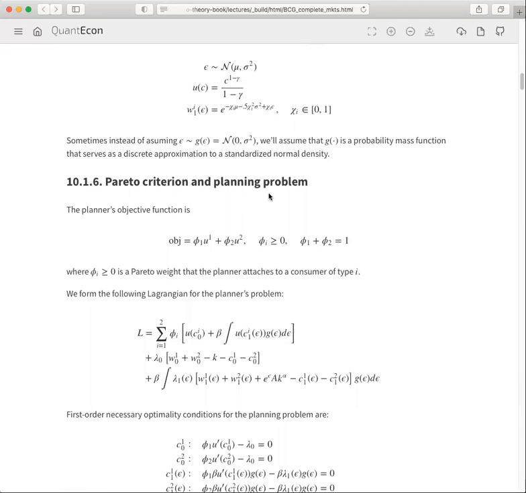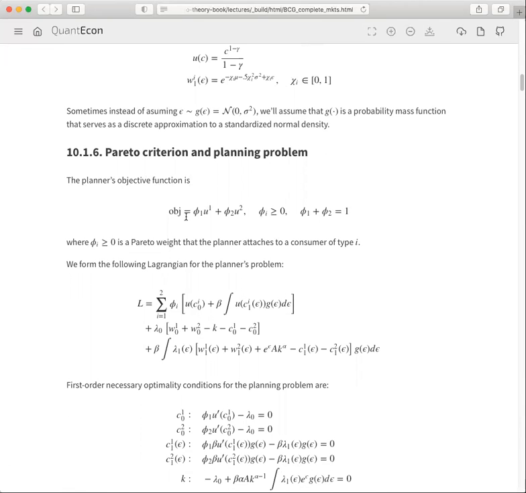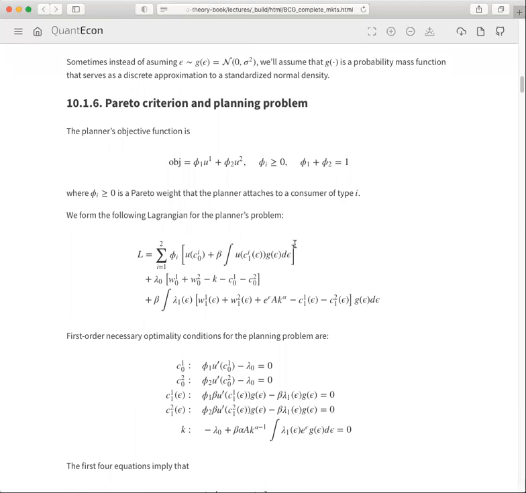Okay, our Pareto criterion. We're going to have a planner that puts non-negative Pareto weights, I call them fees, on the 2 types of agents. So then we're going to form a Lagrangian.